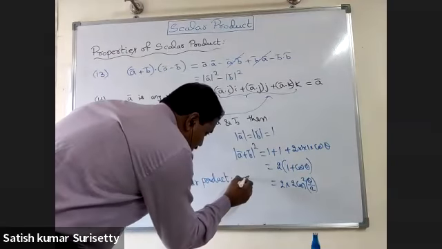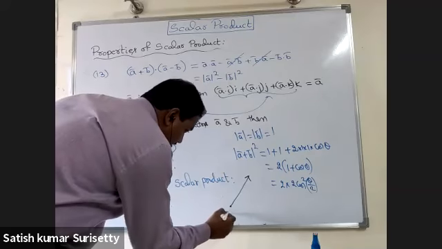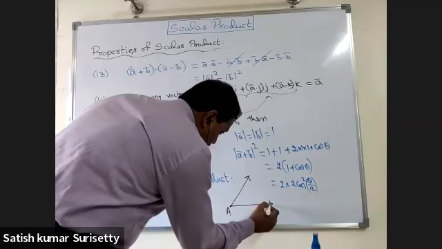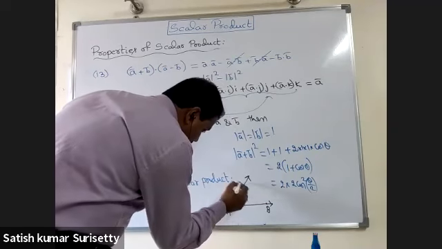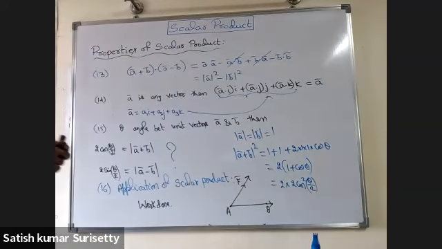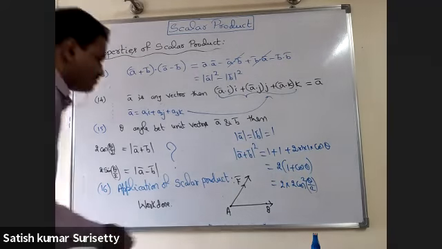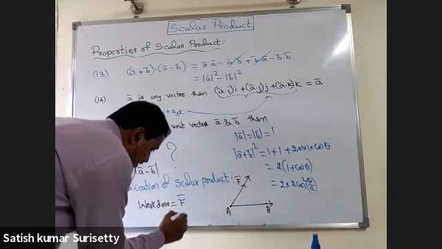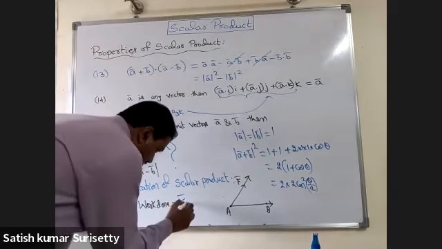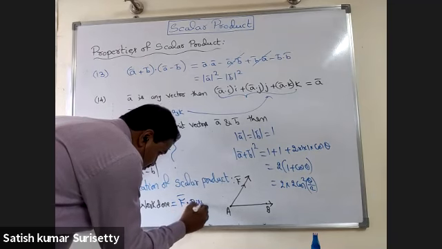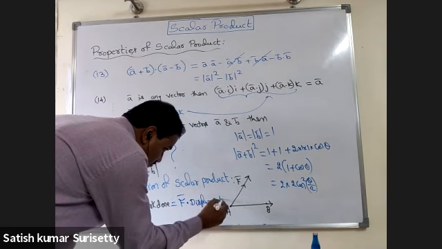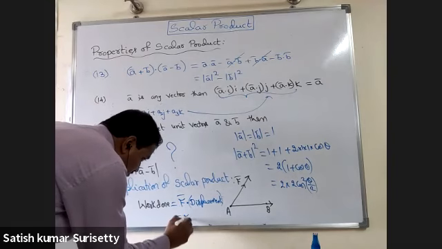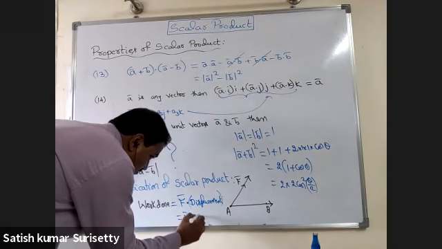So if a constant force is applied on a particle which displaces it from A to B, then the work done equals force vector dot displacement, F bar dot AB bar.